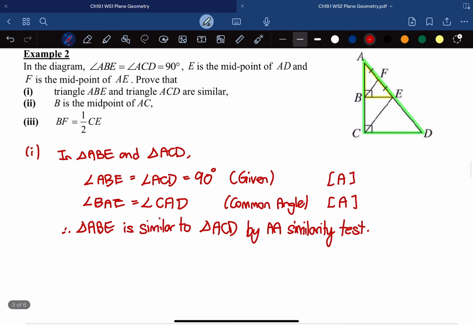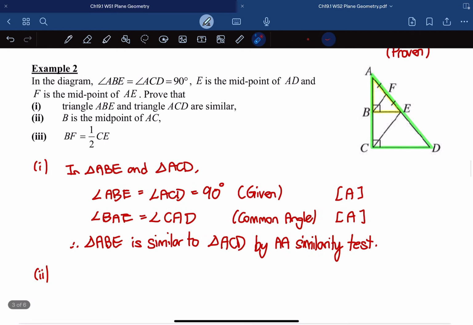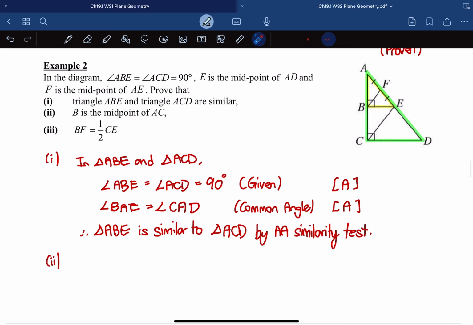Now in part 2, I want to show that B is the midpoint of AC. So let's look at this. From the information given in the question, I know that these triangles are similar, which I've shown already.